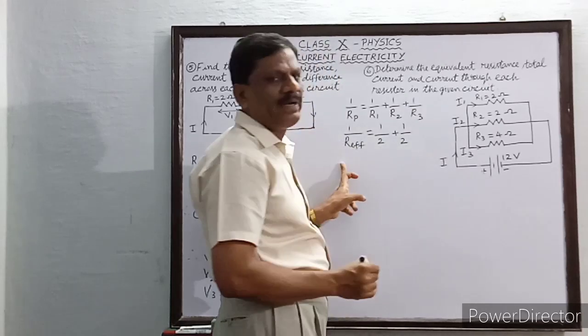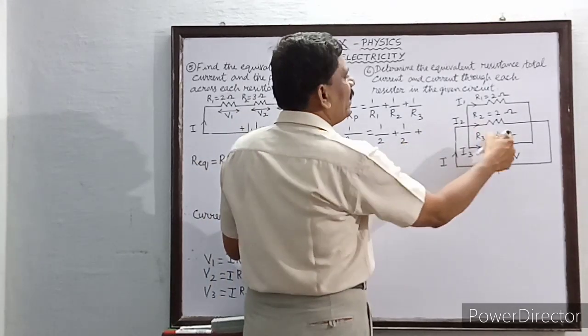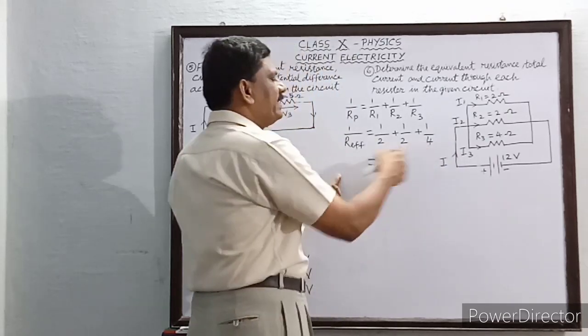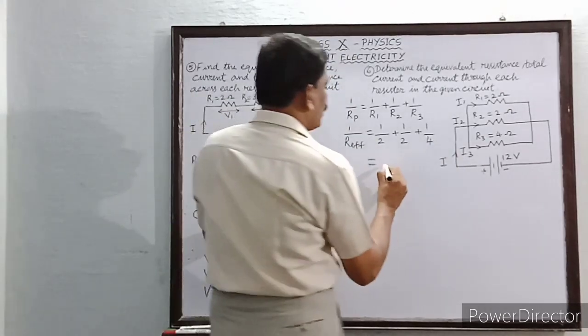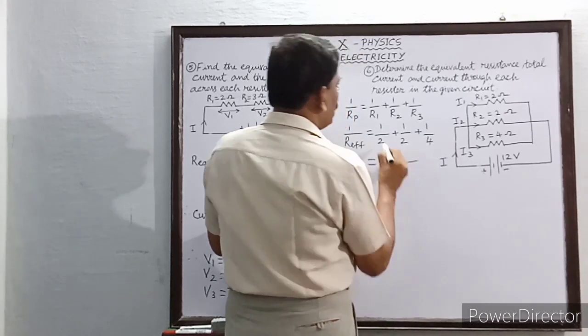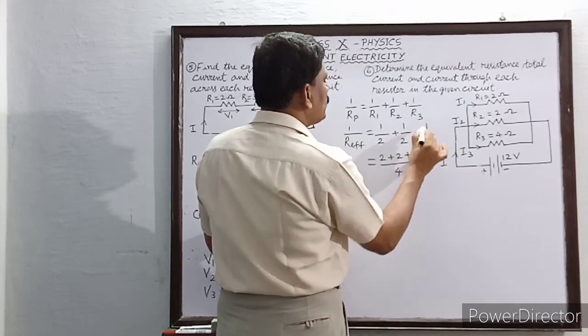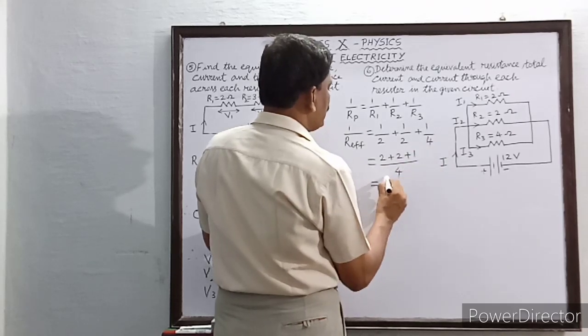So this will become 1 by 2 plus 1 by 2 plus 1 by 4. Okay, so the LCM is 4. So this is 2 2s are 4 plus 2 2s are 4 plus 1 4s are 4, and this is equal to what?